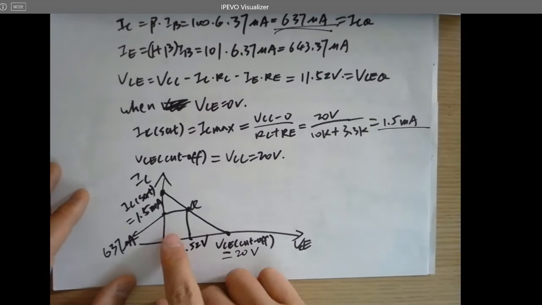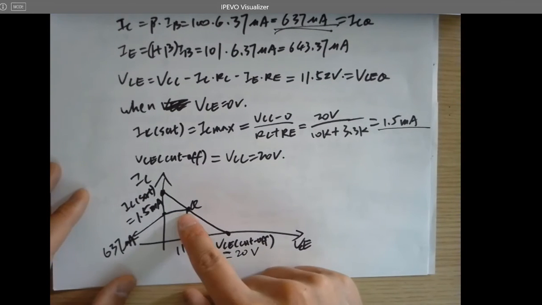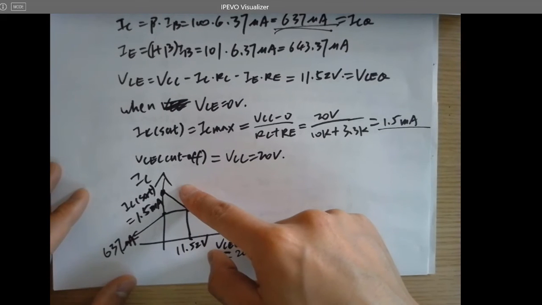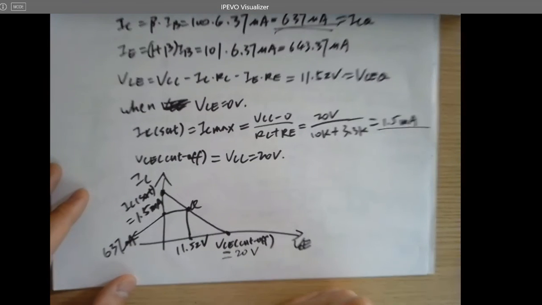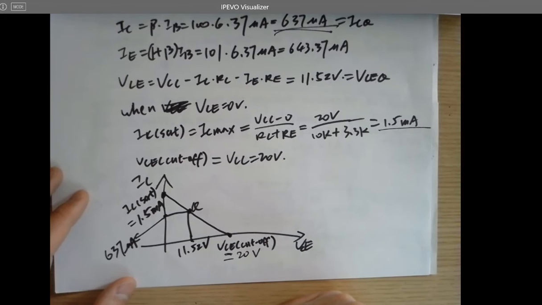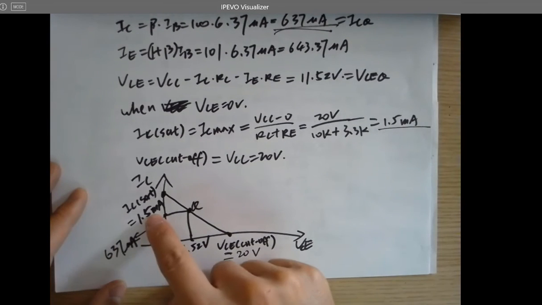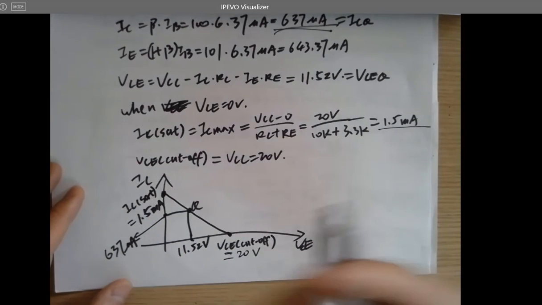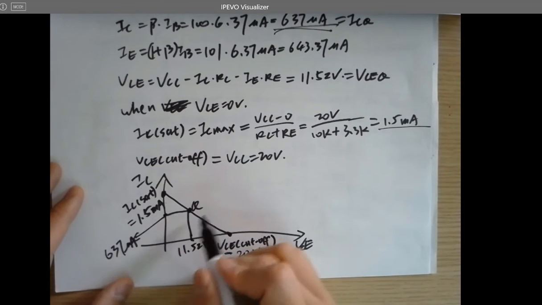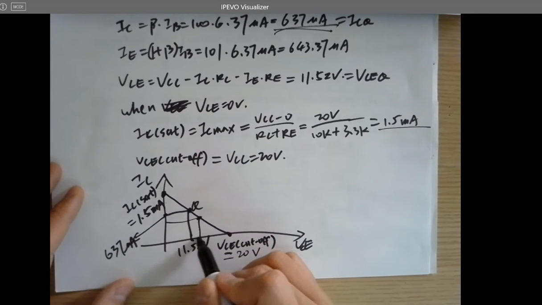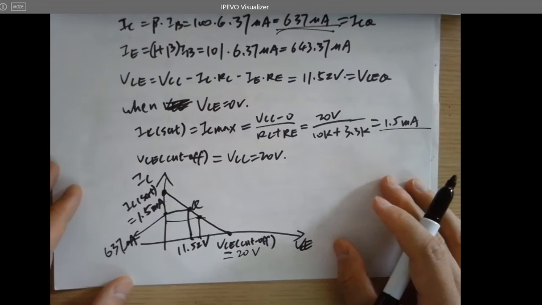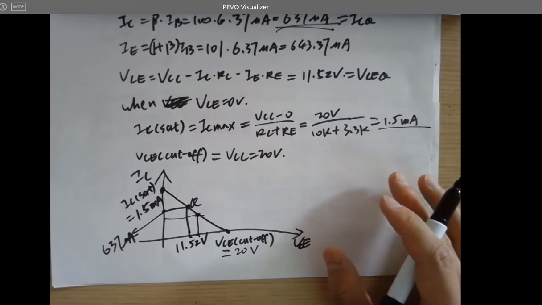So you can see that this guy is being biased below 50% of IC set. Below, right? Because this is less than 50% of this guy. So when you are drawing this, you don't want to draw it like this. You want to draw it like this, probably, right? That making sense?